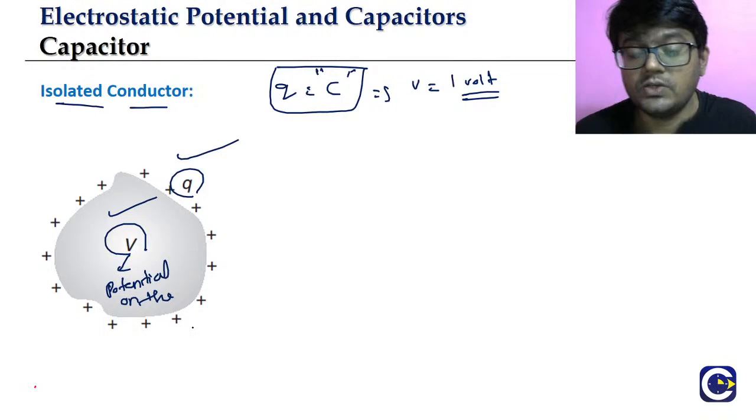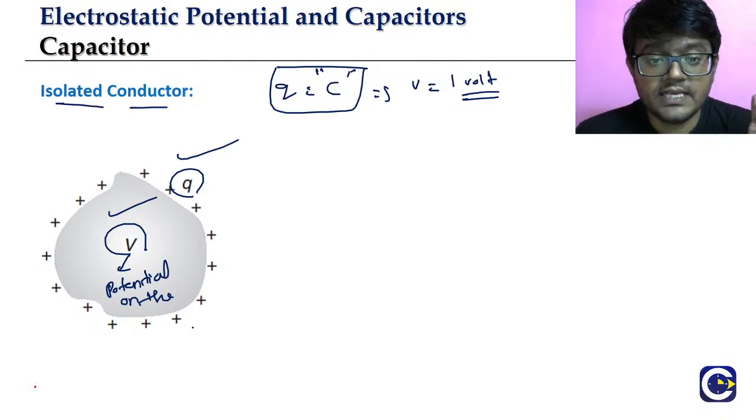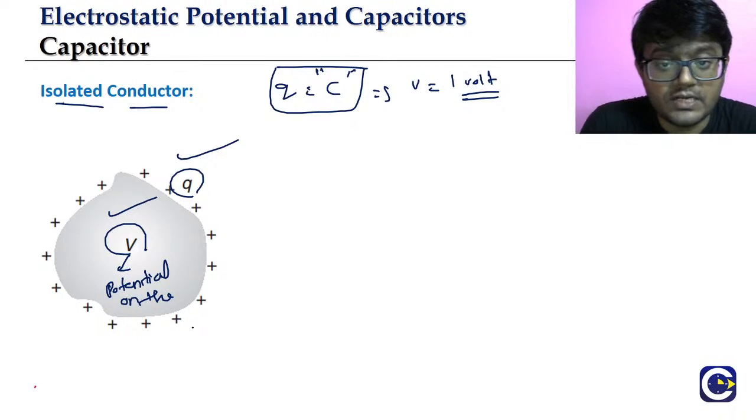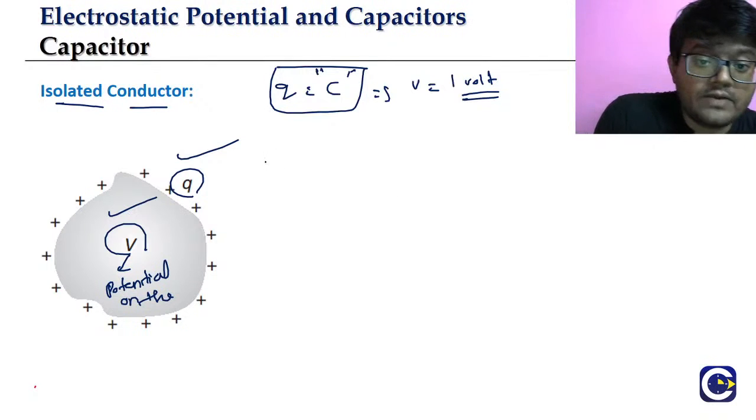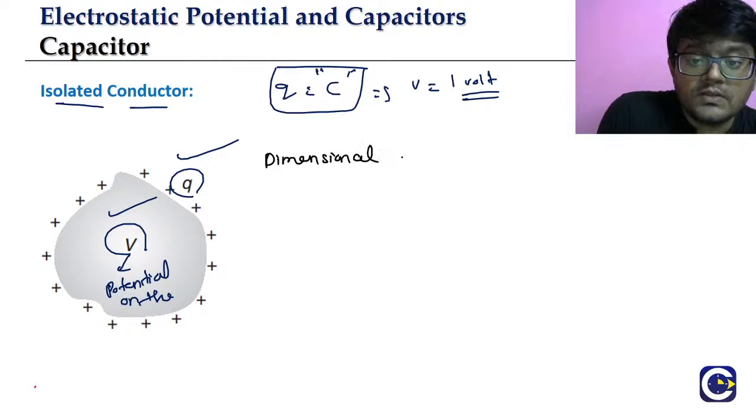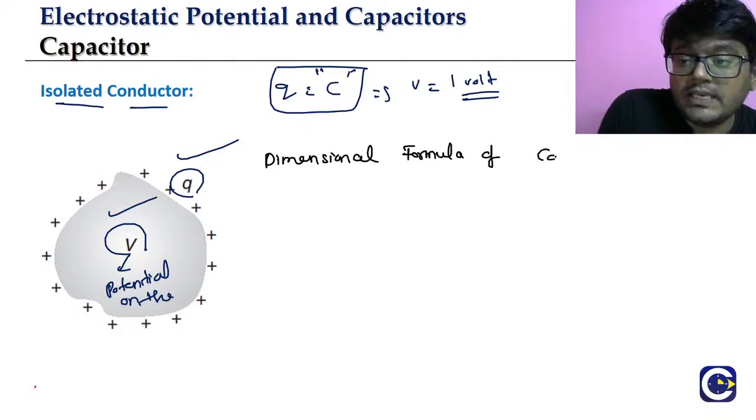Whenever we get a new physical quantity, the first thing we look at is the SI unit of the physical quantity, and we also look at the dimensional formula. What is the dimensional formula of the capacitance?